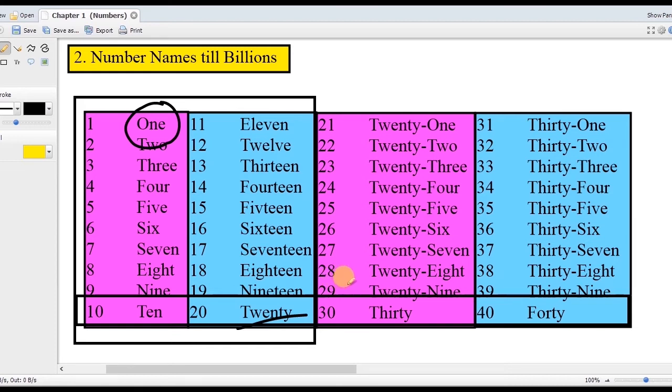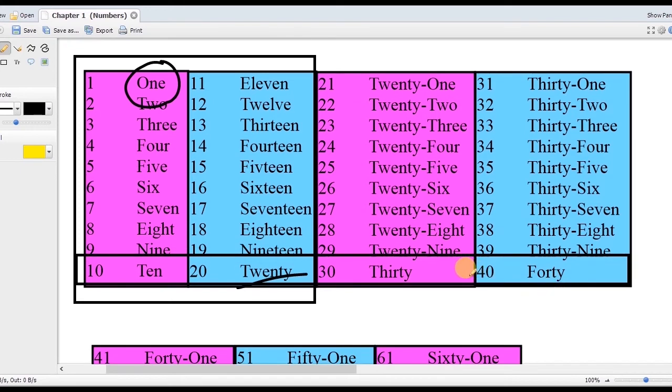Got it? Here one thing I would like to mention, which is the number 40. Look at the spelling of this number. Many students make mistakes, including myself when I was a child. What I used to write for the spelling of 40 was FOURTY.